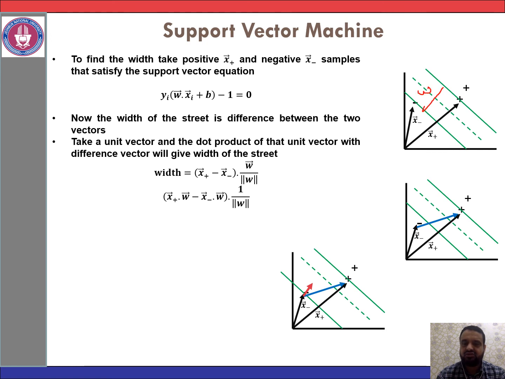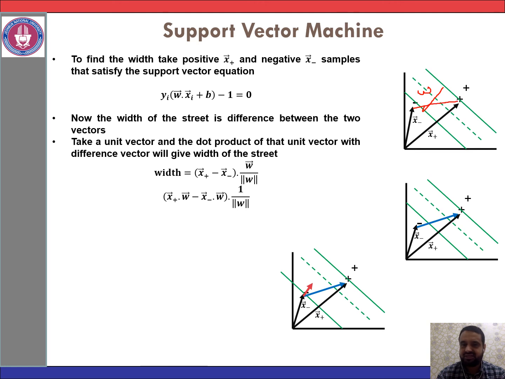So to optimize this width, we want to find how we can maximize it. For that we need to take two examples. One is the negative example from the negative class, and the second one is the positive example from the positive class, and we want to subtract the negative sample vector from the positive sample vector.